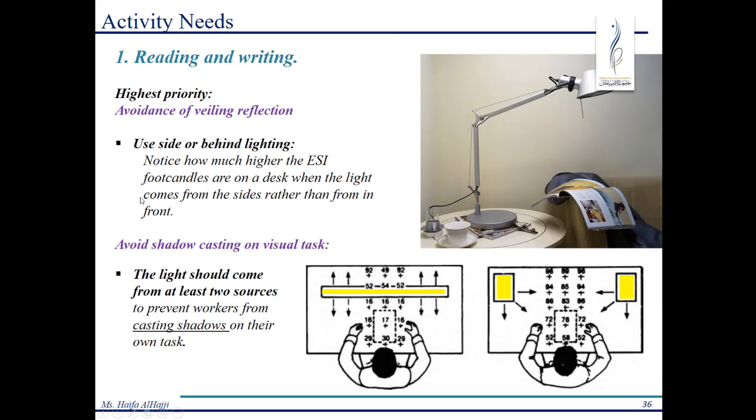So a general recommendation is that side lighting is most suitable. Another thing we should take into consideration is that even if the light is right above you or behind you, you're going to find your shadow on the visual task, which is going to obscure it too. You're even going to see the shadow of your hands.